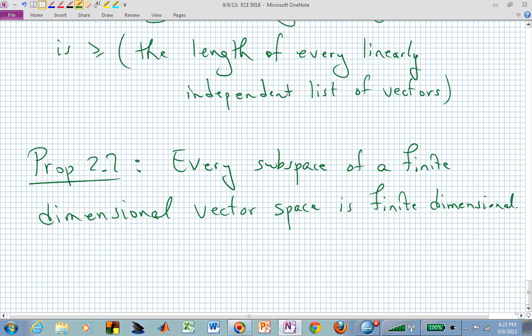That seems like you're maybe talking in circles, and we haven't even defined what we mean by dimension. But if we have a finite dimensional vector space, let's say it's 10, then every subspace of that 10-dimensional vector space is no greater than 10. It's finite dimensional also. That's really all that Prop 2.7 is saying. And I would like to say that this makes sense intuitively.